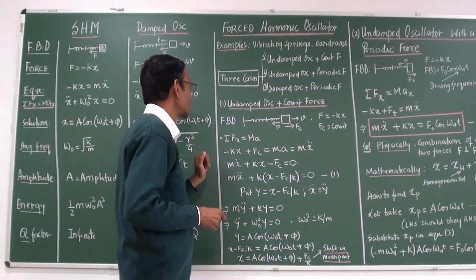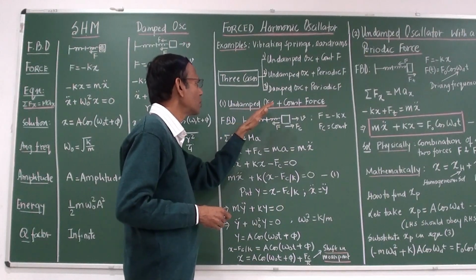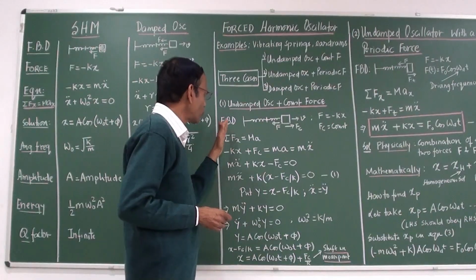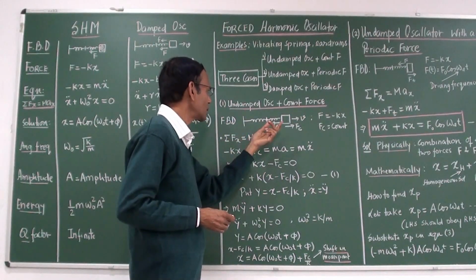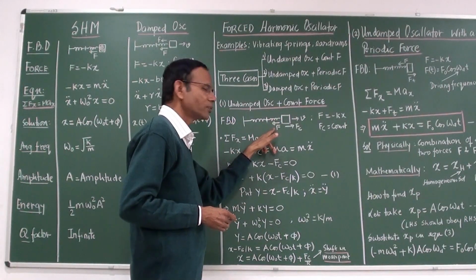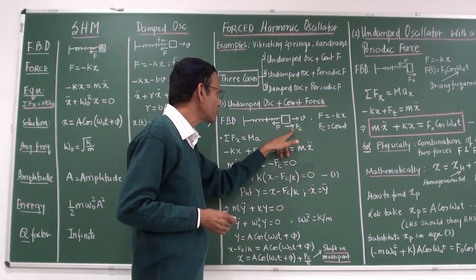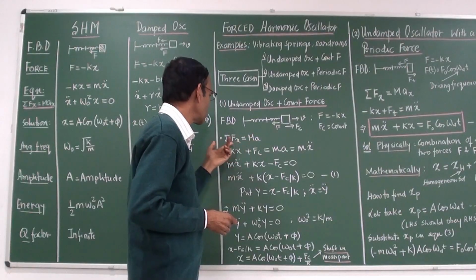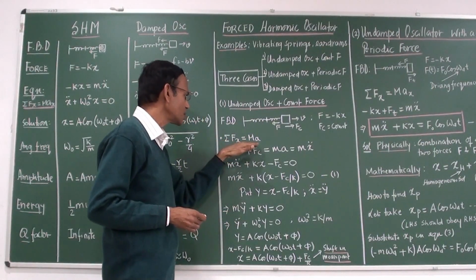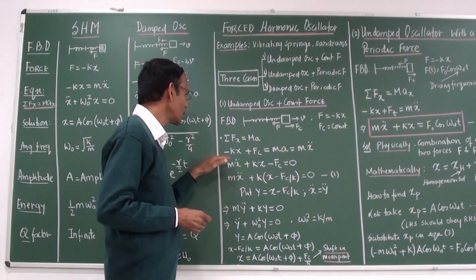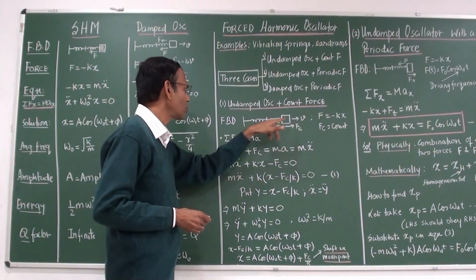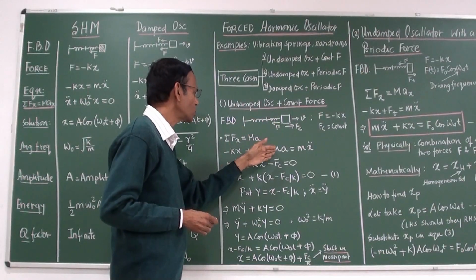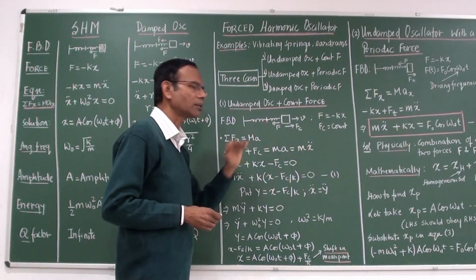So let us take the first case, that is undamped oscillator plus constant force. What happens? The first step is the free body diagram. This is the block, F which is the restoring force and Fc which is the constant force. So let us write the equation of motion. Sigma Fx is equal to ma: minus Kx plus Fc, that is the net force, is equal to m x double dot.